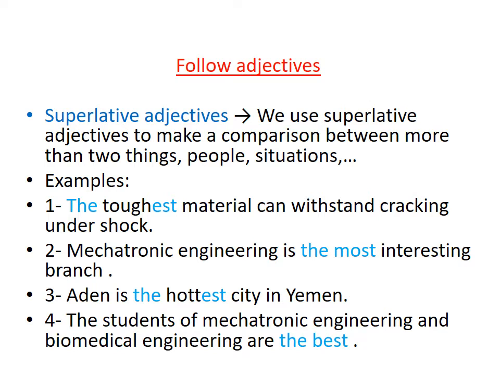Aden is the hottest city in Yemen. Here I am comparing Aden with so many cities, not with two. In the comparative, we said Aden is hotter than Sana'a. That is comparative. I'm comparing two cities, Sana'a and Aden.